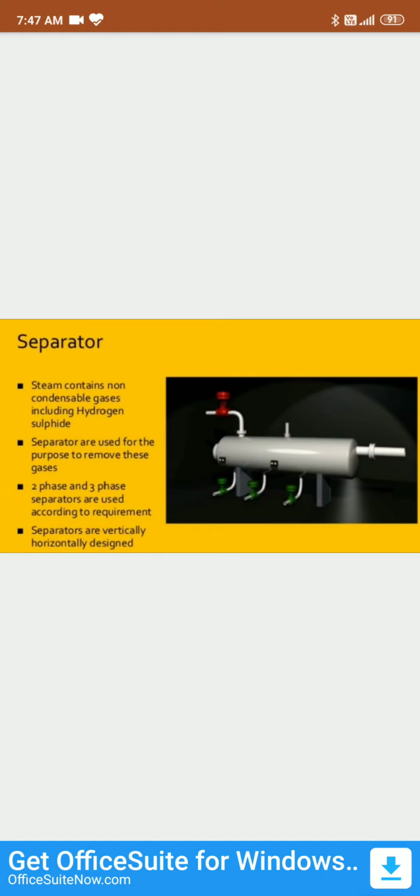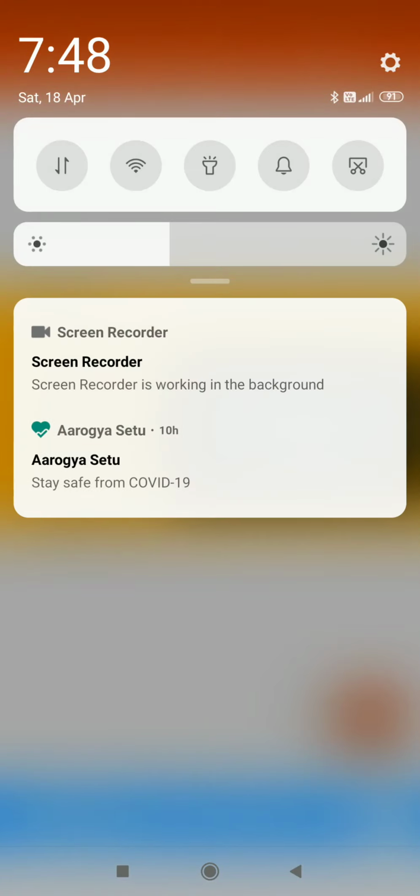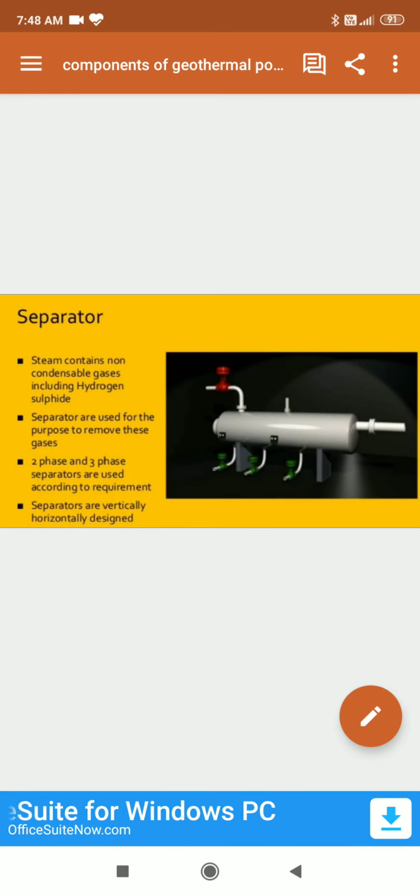Okay, next, separator. Steam contains non-condensable gases including hydrogen sulfide. So the separator is used to separate the steam and different gases, because the reservoir or production well contains so many gases including H2O or water.